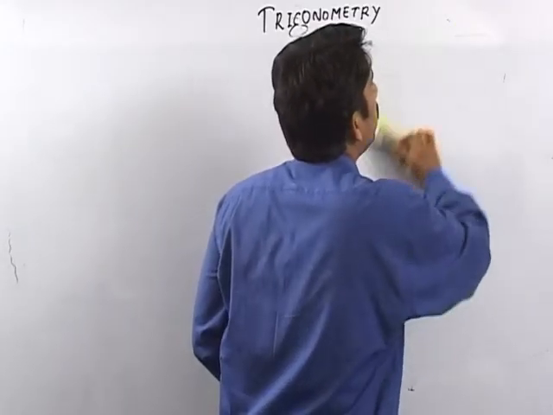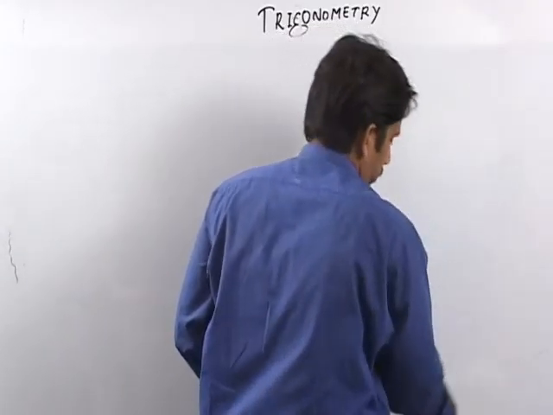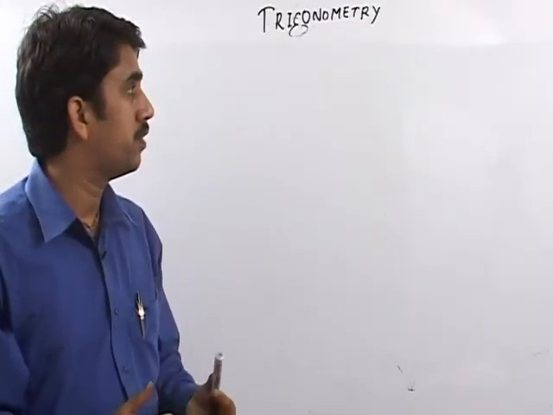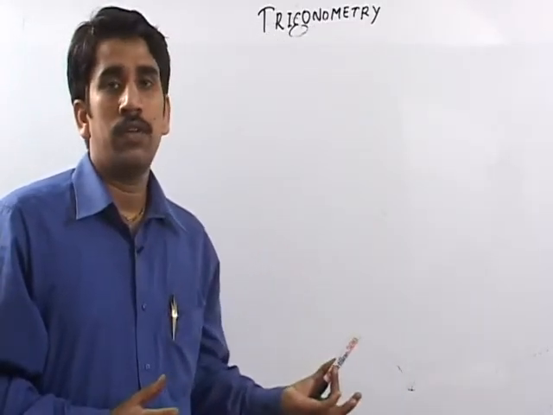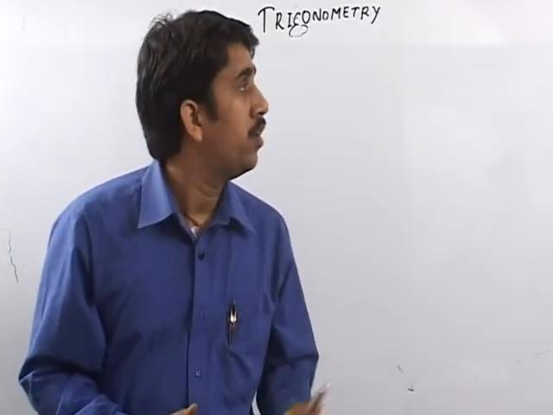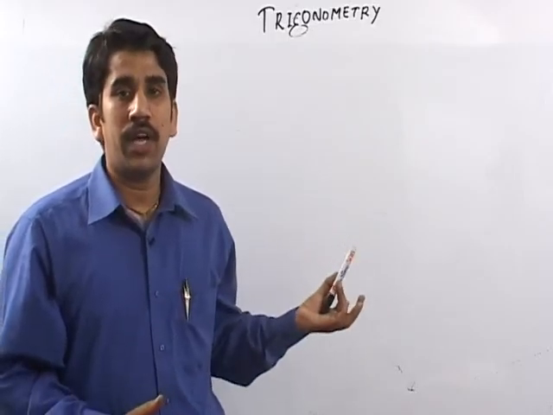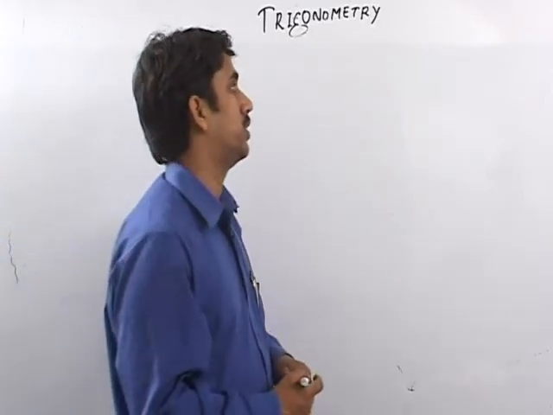So this is called a regular polygon. Therefore, a regular polygon is a polygon in which all its sides are equal and all its interior angles are also equal.